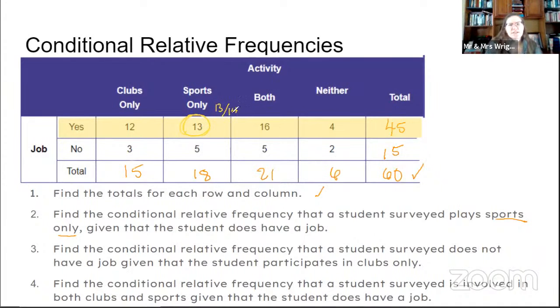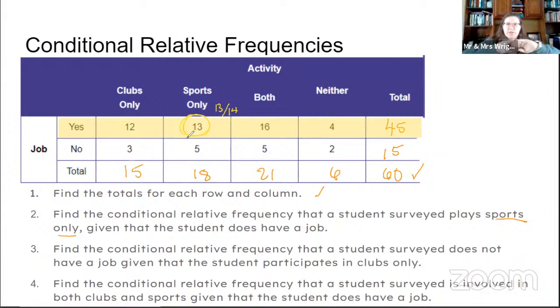So the given is what you're going to highlight or leave uncovered, right? The whole row or column, the given statement. And then you're going to take the sports only, and that's going to be your numerator. And you're going to divide by the total in whatever column or row you have showing.